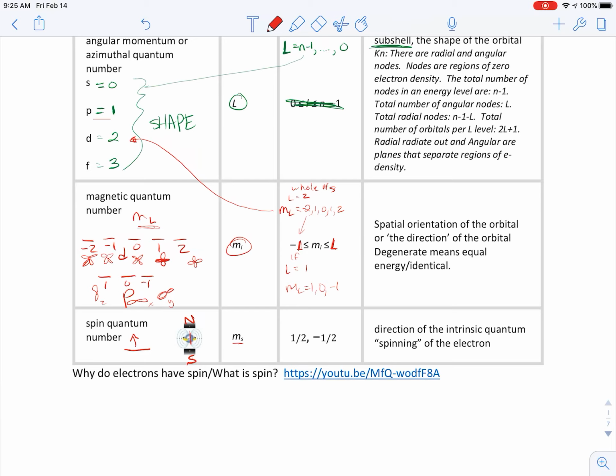Again, it's generically decided, you could call it south if you wanted. But the idea is that the electron that comes in with it has to be going the opposite direction, clockwise or counterclockwise, depending on which way you're looking.